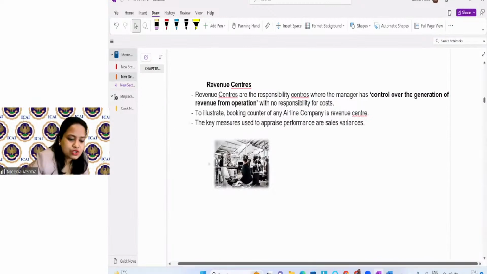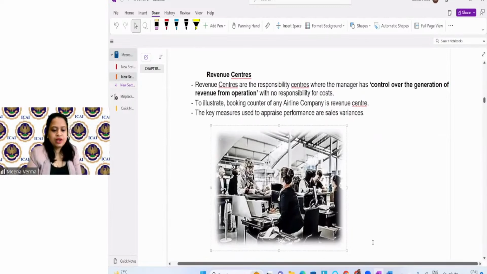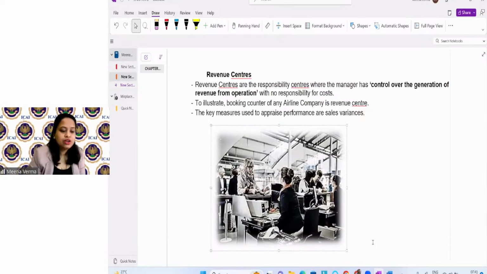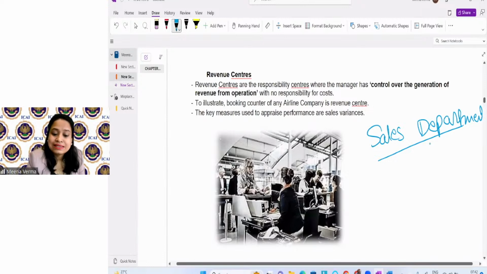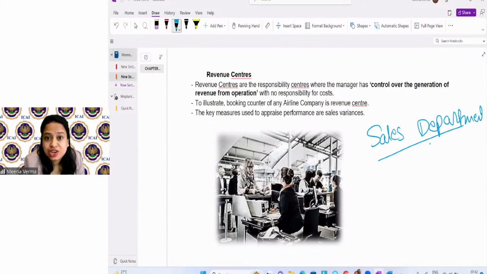Now let's talk about the revenue center. Now let's talk about the department where the manager is only responsible to generate revenue. So you can see the sales department. In the sales department of a company, the manager is only responsible to generate revenue, sale.